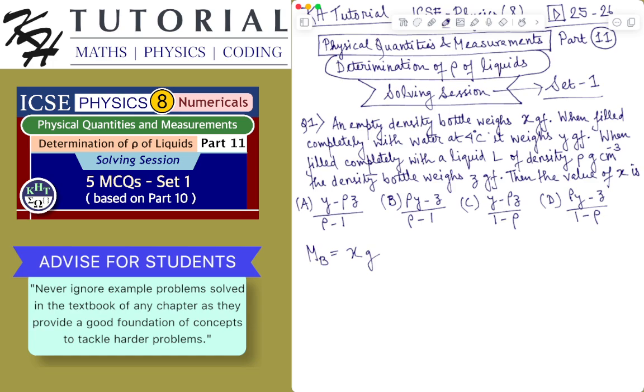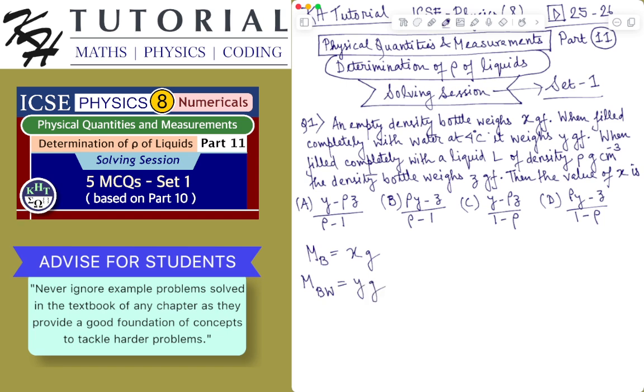Also it says that the weight of the density bottle filled with water at 4 degrees centigrade is y gf. So M_BW means the weight of the density bottle plus water at 4 degrees centigrade. Oh, sorry, not weight but mass. This will be y gram.